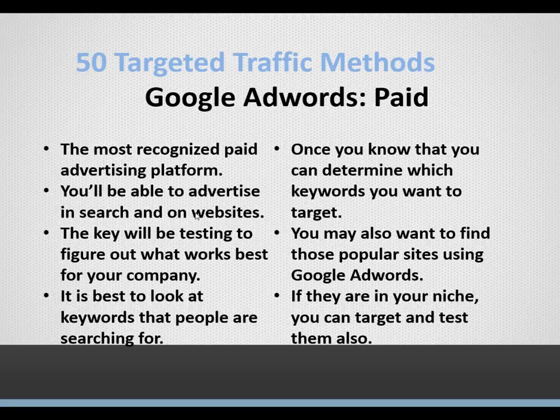Now, the key in all kinds of paid advertising, and you will hear this over and over, is that you are going to have to test to figure out what will work best for your company. And when you do that, you will probably have to spend money in order to determine that.